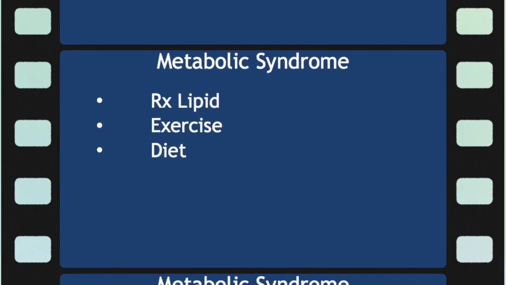That person was me, and that was my story of treating my own metabolic syndrome. It began in 1997 and continues to today.